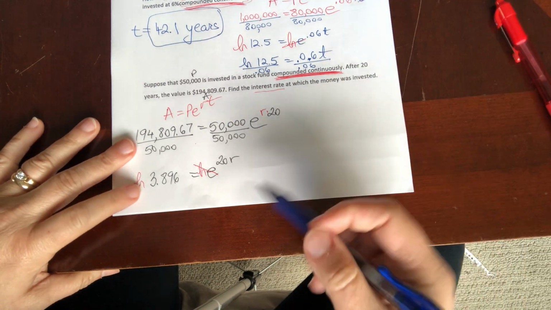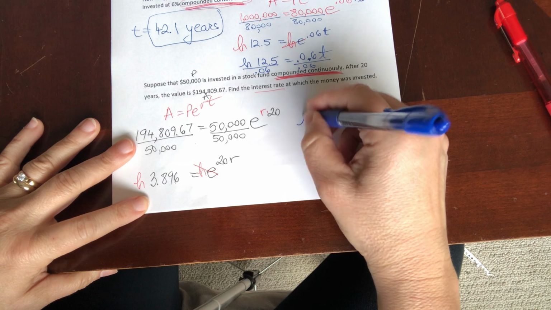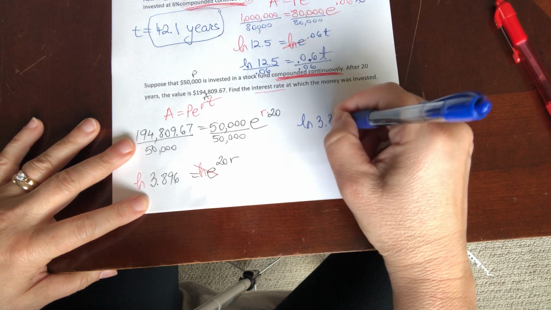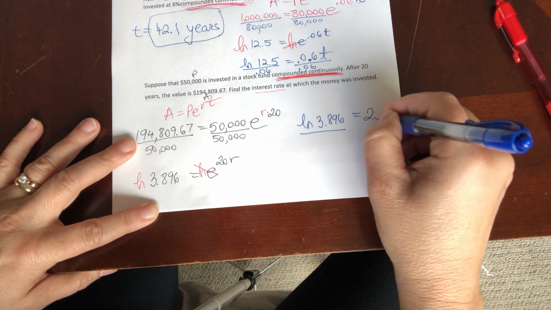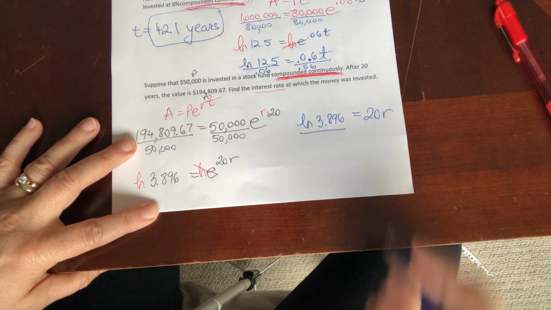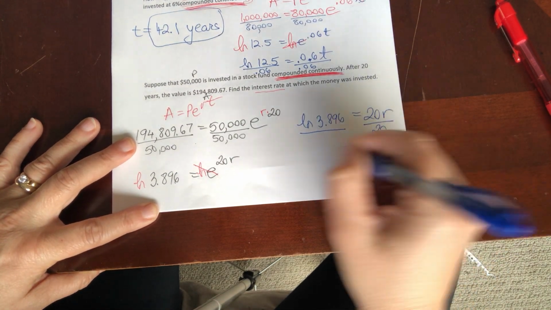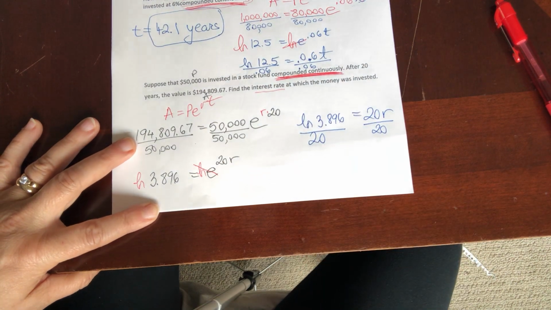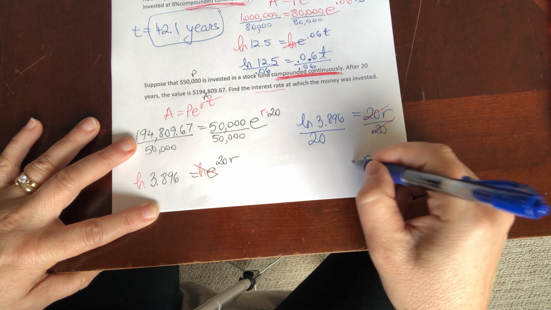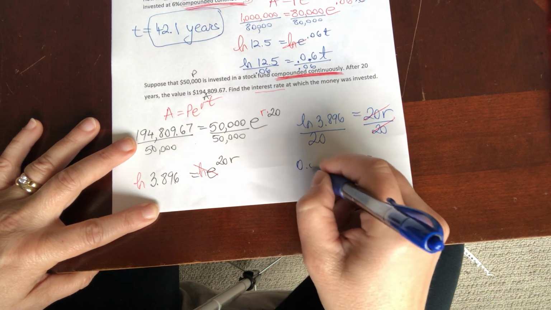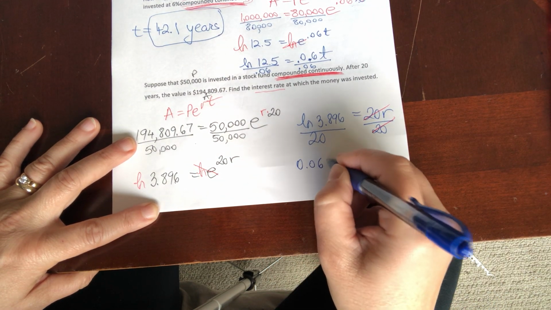And this ln of I don't know what it is, but your calculators do, will equal 20r. So what else do I do to get to r? Divide by 20, yes? So finally, r is going to equal 0.068.